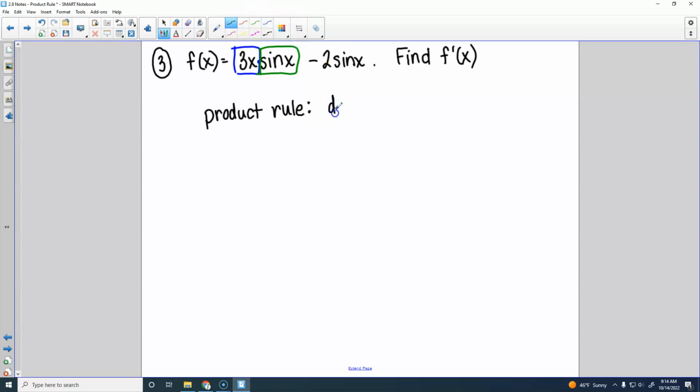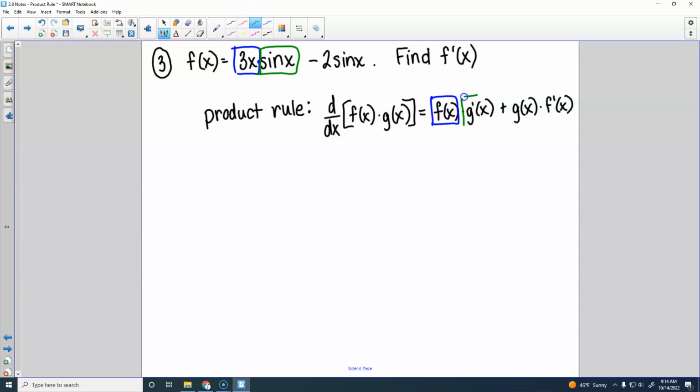If I'm taking the derivative of f of x times g of x, that is going to be f of x times g prime of x plus g of x times f prime of x. Okay, so f, g prime, g, f prime.